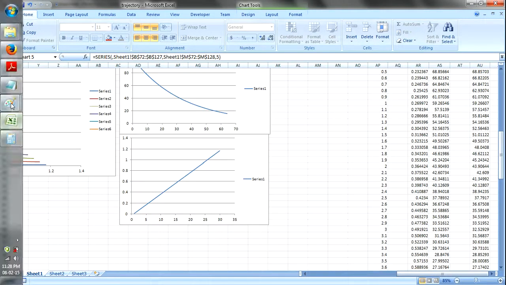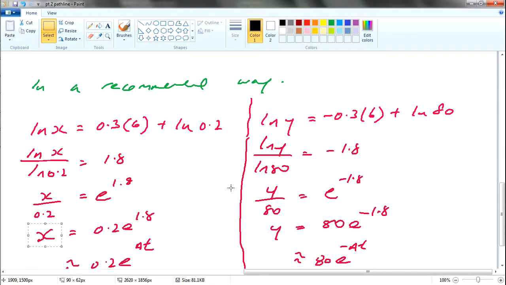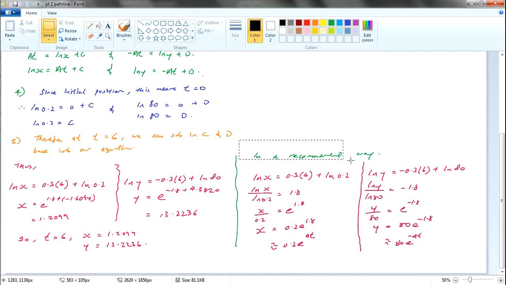So we also talk about how to derive a general equation. Okay, we give you a recommended way, to make sure that if you're dealing with ln, you group them together as one side, and then you do whatever you want. We also derive how to acquire an equation to describe x itself and y itself.